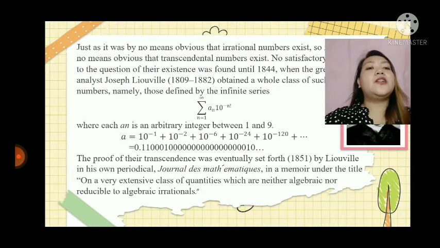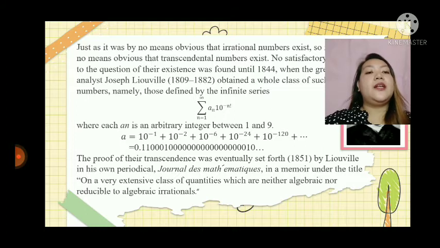The proof of their transcendence was eventually published in 1851 by Liouville in his own periodical, Journal des Mathématiques, in a memoir under the title On a Very Extensive Class of Quantities which are neither algebraic nor reducible to algebraic irrationals.